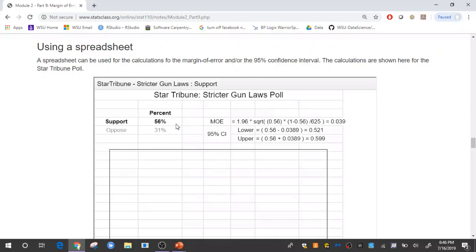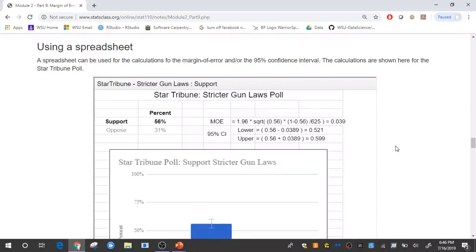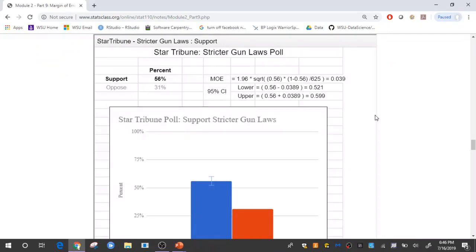Okay, so here's just showing you how to get those values in a spreadsheet. So I have both these, support 56%, oppose 31%. And all you need to do in a spreadsheet is just type equal 1.96 times SQRT.